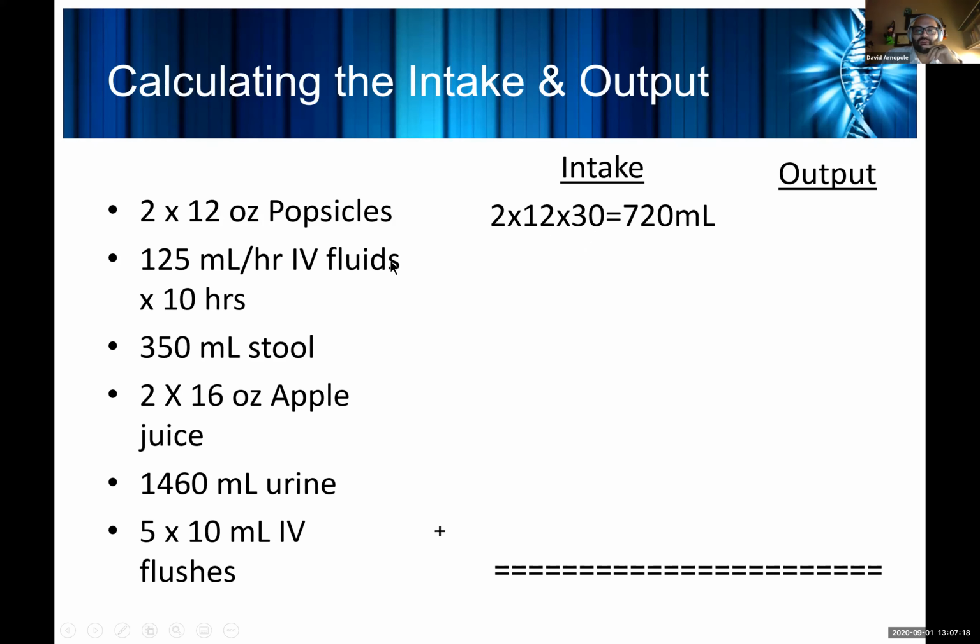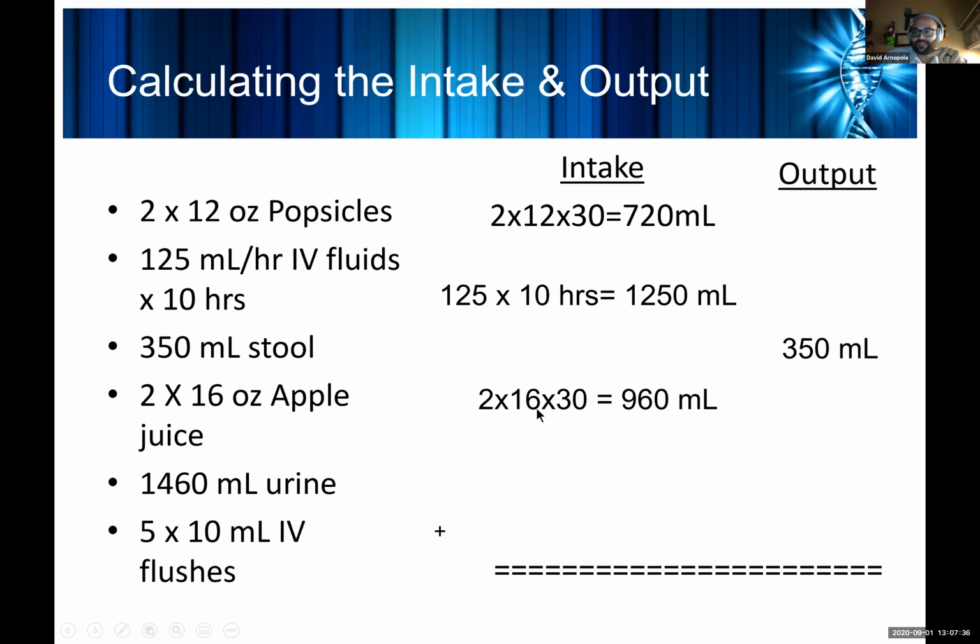Go to the next one. 125 mils an hour of IV fluids for 10 hours. I just said, okay, it's 125 times 10, which tells me how much intake I get with that. 1,250 mils. I have stool. We already knew that stool was output. 2 16-ounce apple juices, again, 2 times 16, and then times 30, so we get our mils out of it, 960 mils. That urine, once again, please don't let it be drinking it.